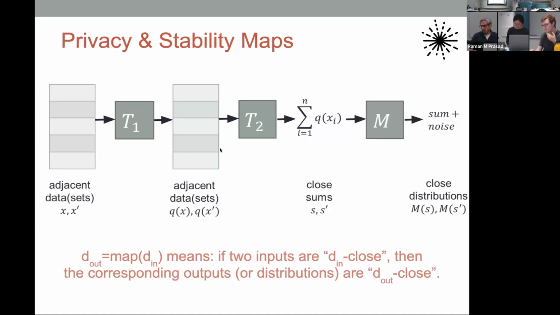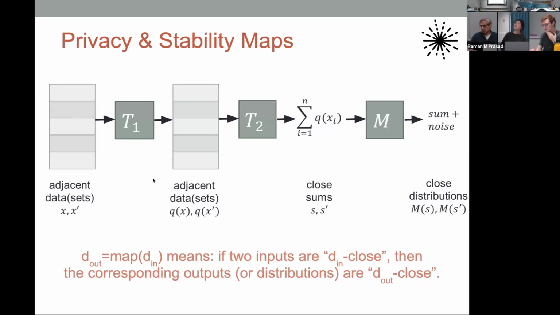Similar idea for the maps. The maps compose functionally. Pass a d_in to the map on T1. It gives you an intermediate distance for these adjacent data sets. Pass that into the map for T2, and it gives you an upper bound on distances between output data sets.